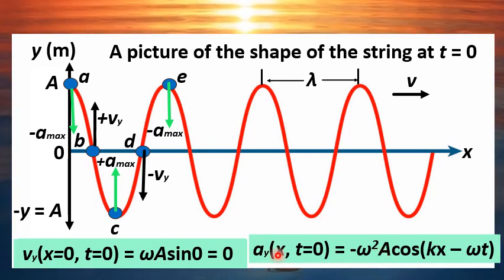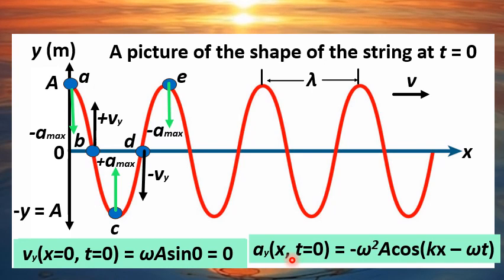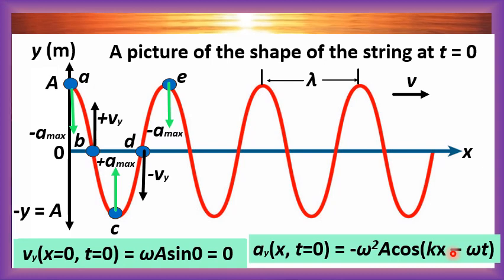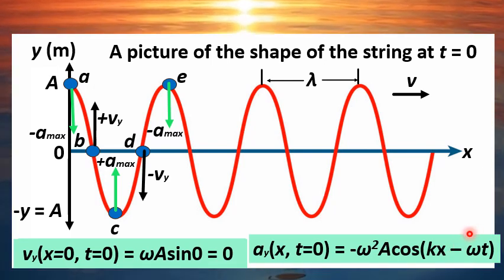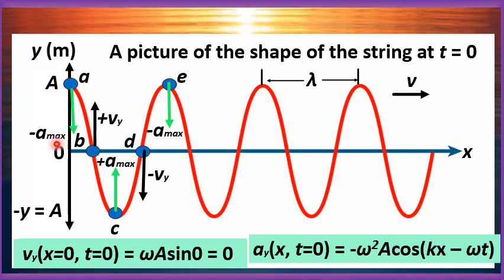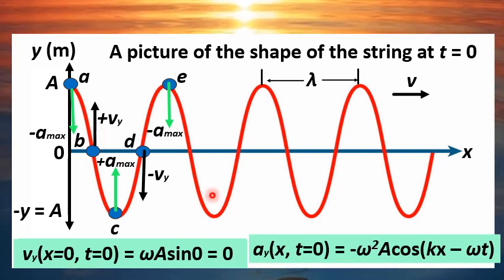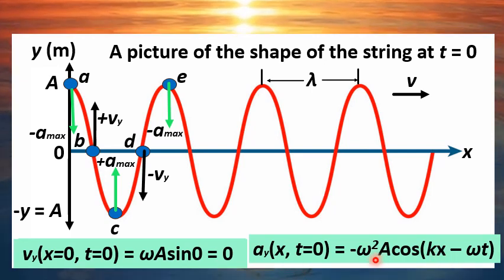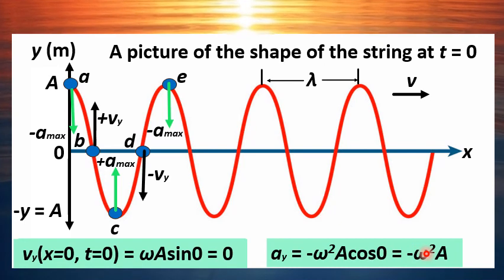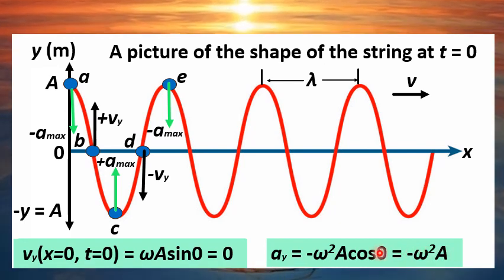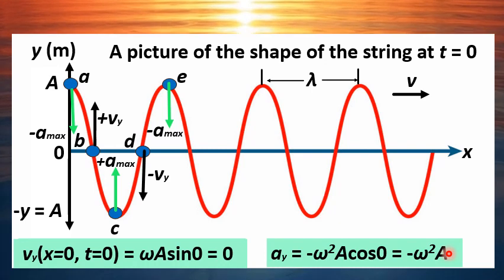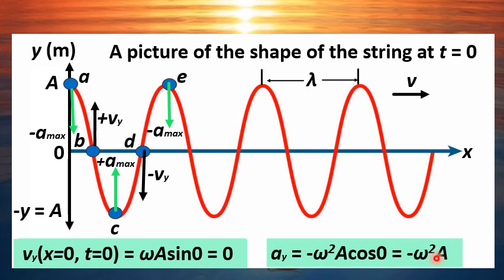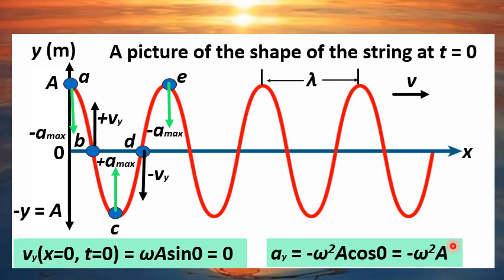That means the acceleration a sub y is just equal to negative omega squared multiplied by the amplitude, capital A. So our description earlier agrees with our mathematical computation that the instantaneous acceleration will always be in the opposite direction as the displacement, or the maximum displacement.